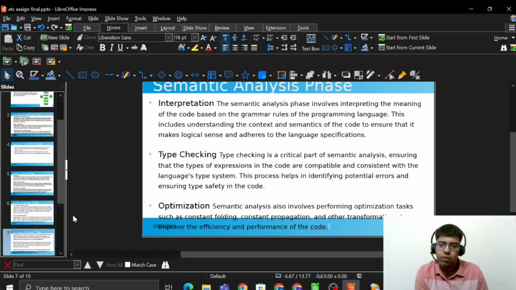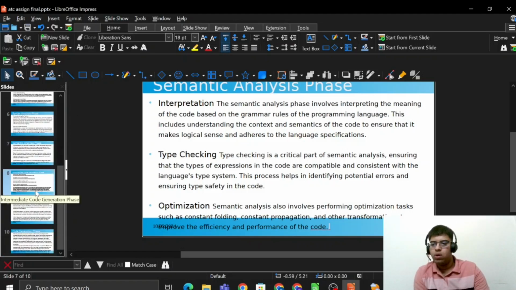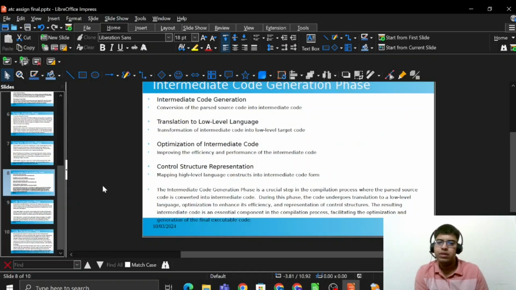Next one is optimization, which involves performing optimization tasks such as constant folding, propagation, and other transformations to improve the efficiency of the code. Now, the next phase is intermediate code generation. In this phase, there is a conversion of the parsed code into intermediate code and transformation of intermediate code into low level target code.